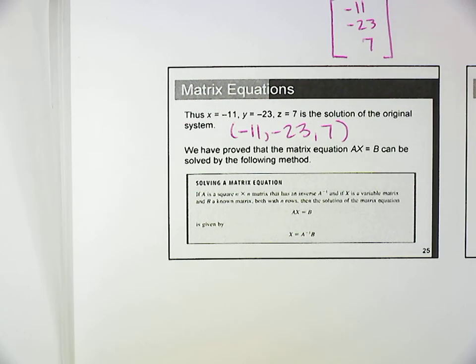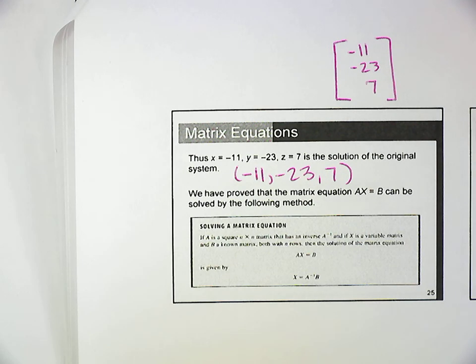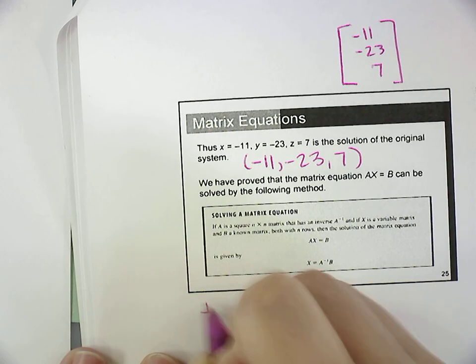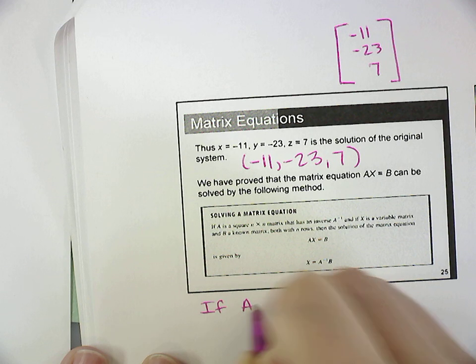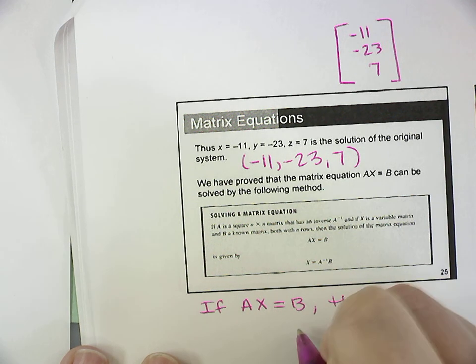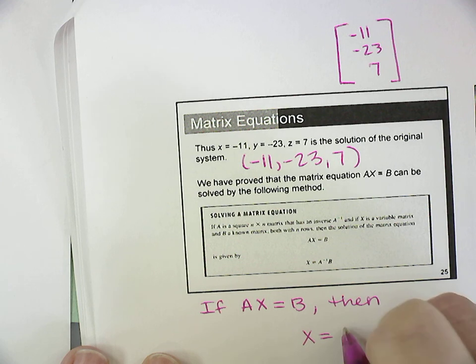That's perfectly fine. We've also proved that this matrix equation can be solved using the following method: if A times X equals B, then X is going to equal the inverse of A times B.